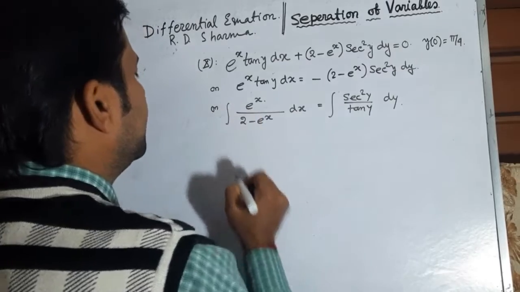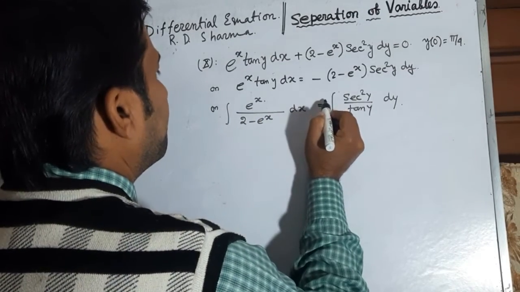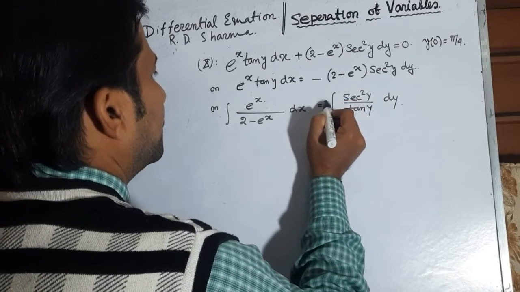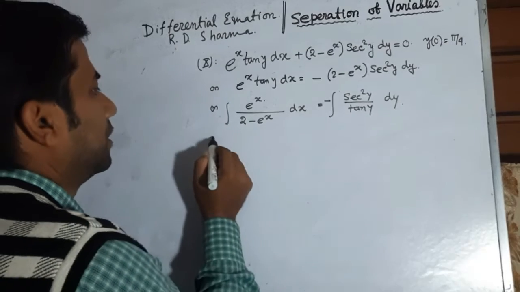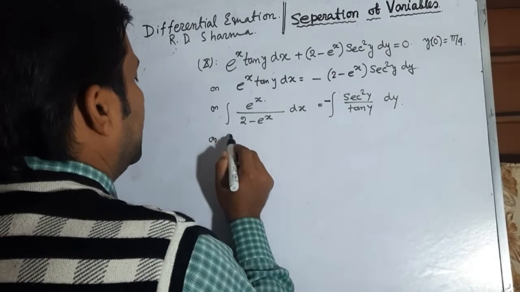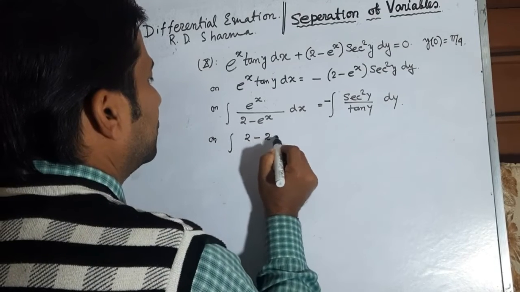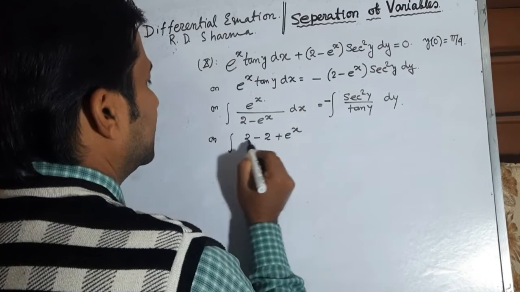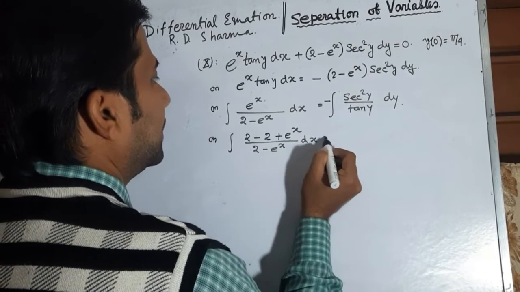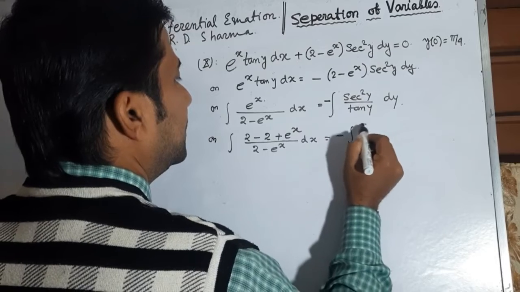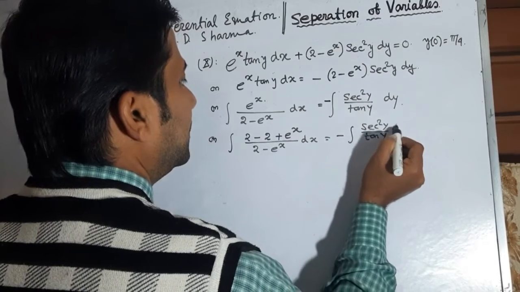Integrating, this can be written as (2 minus 2 plus e to the power x) by (2 minus e to the power x) dx equal to sec square y by tan y dy.